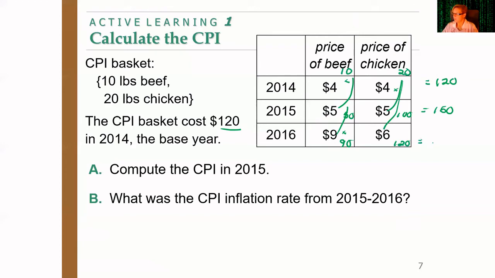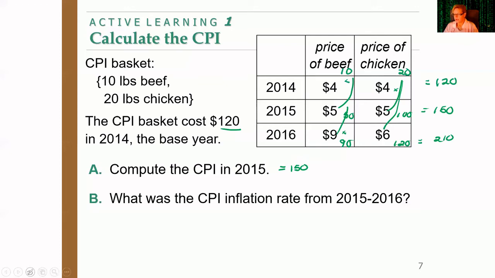So I end up with 210. Okay. So my first question, the consumer price index in 2015 was equal to 150 base, 150. That's the basket's cost. What is the consumer price index?